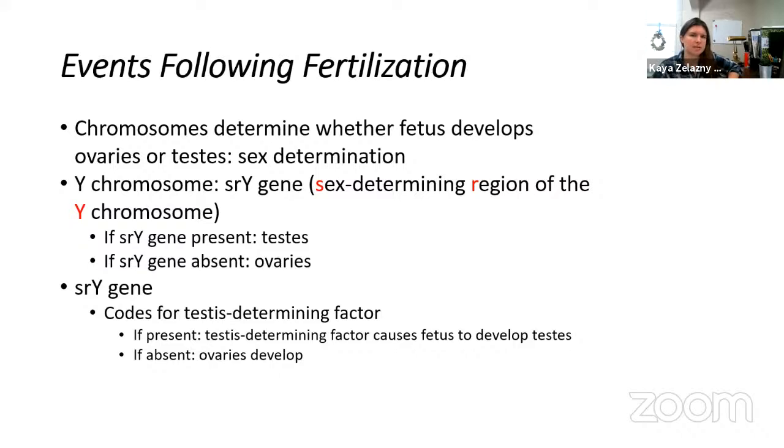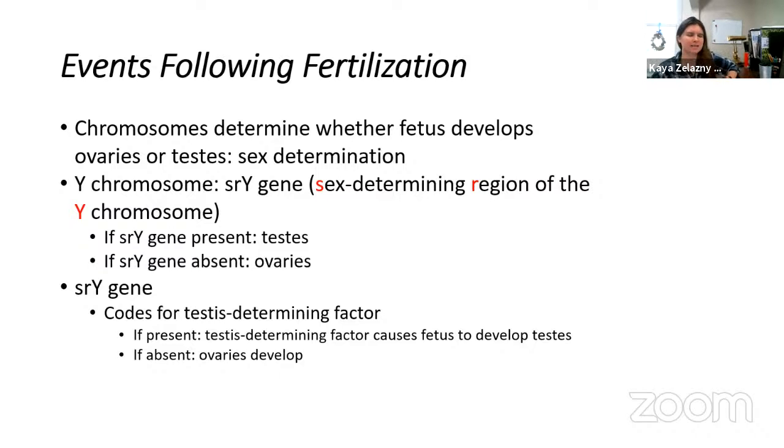The Y chromosome carries a specific gene, the SRY gene, called this because it is the sex determining region of the Y chromosome. The SRY gene codes for something called testis determining factor, that term at the bottom here.